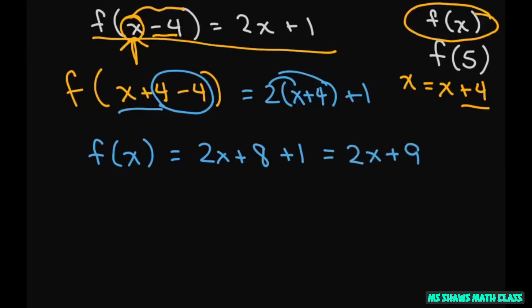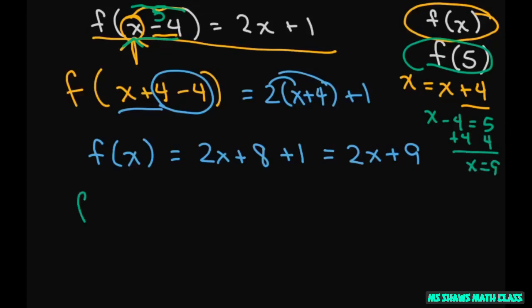And then to do f of 5, what you need is a 5 here. So the only way this can be 5 is if x is 9. So basically, x minus 4 equals 5. Add 4 to both sides, so you get x equals 9.